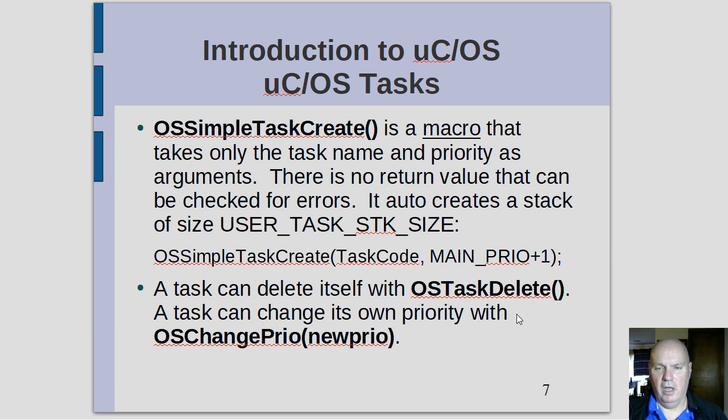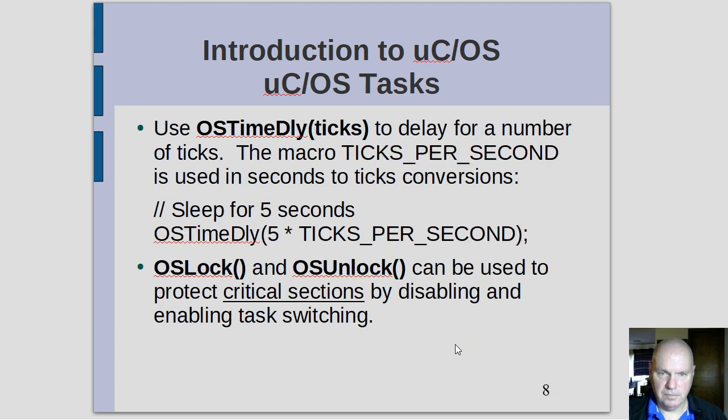It just creates our tasks and semaphores and anything that we need and initializes them, and then instead of deleting it as the last thing, just let it return. And a task can change its own priority with the OS change prio command. Again, you'll see that in our user main function.